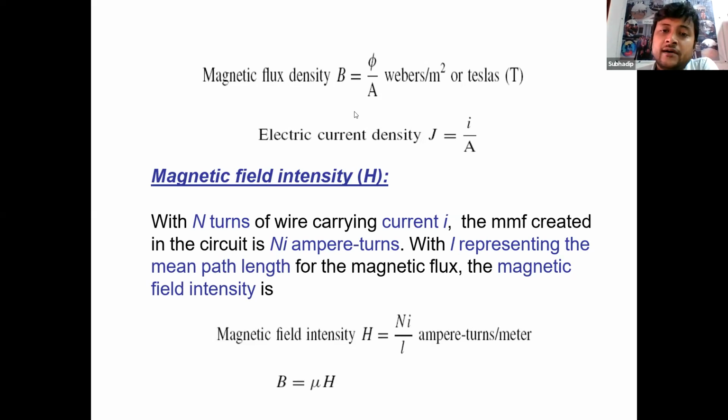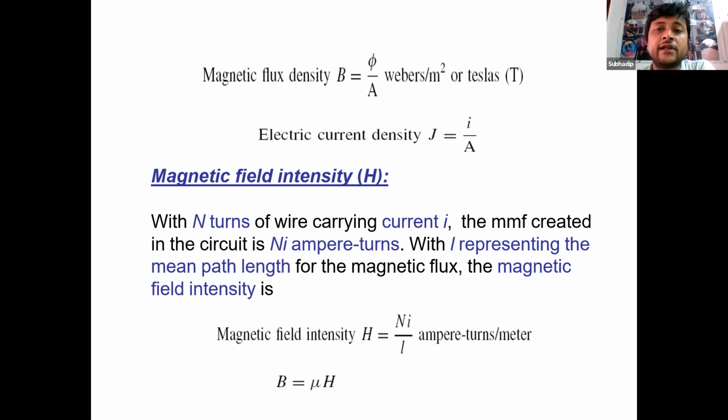Similarly, in an electrical circuit, the electric current density is given by J, and it equals I by A, where I is the current flowing through the conductor.